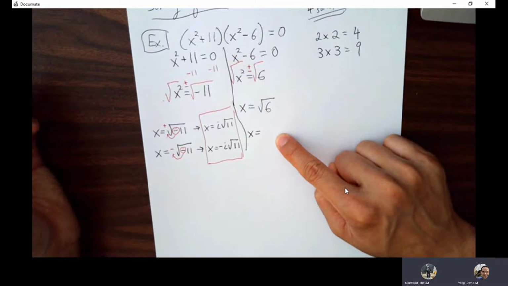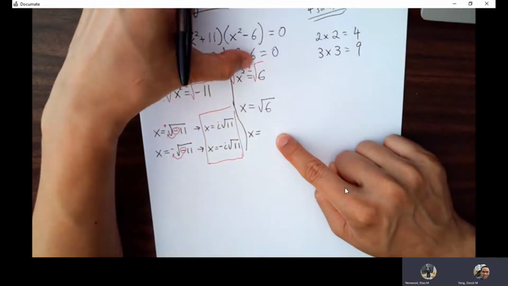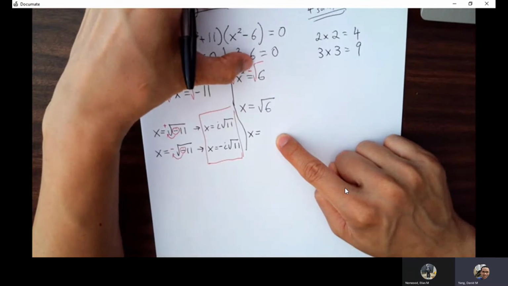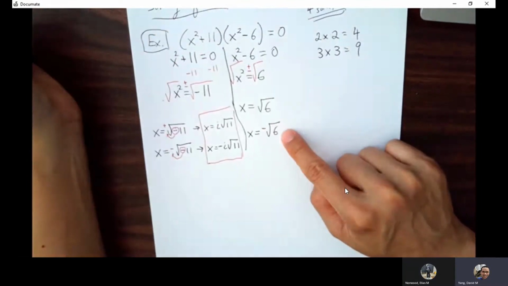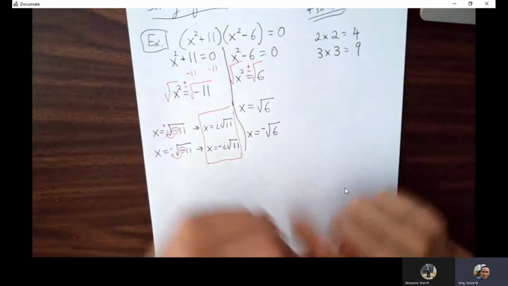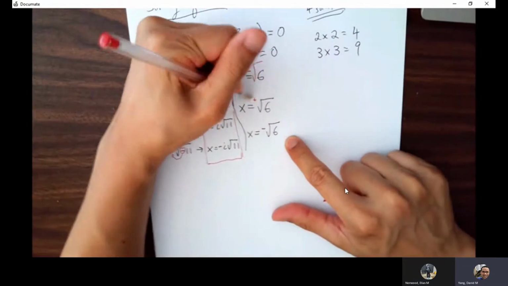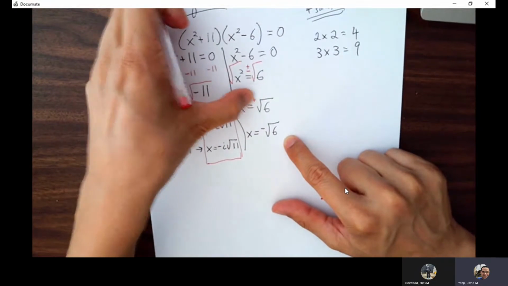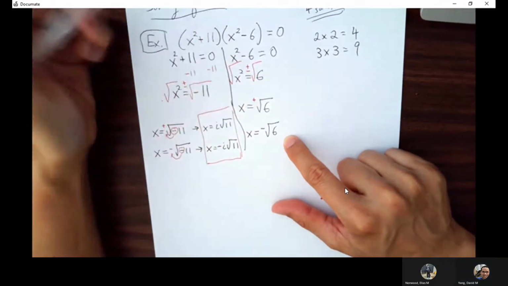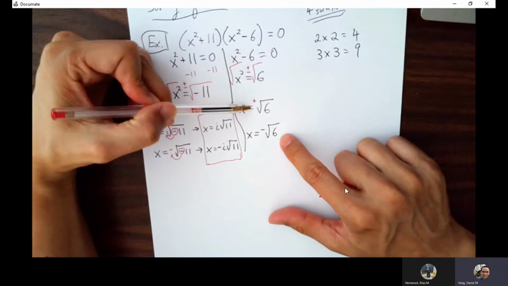Plus or minus root 6. We just cover up the positive and just make it -6. So this is the positive version here. Sometimes if it's positive, we leave it out. We don't have to put a plus there because they mean the same thing. Does that make sense?